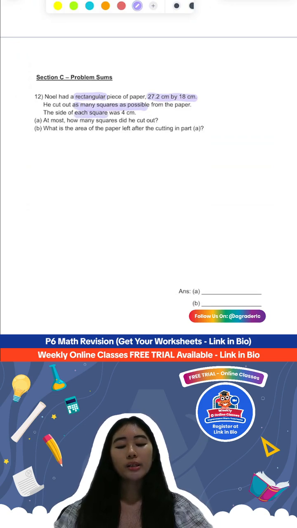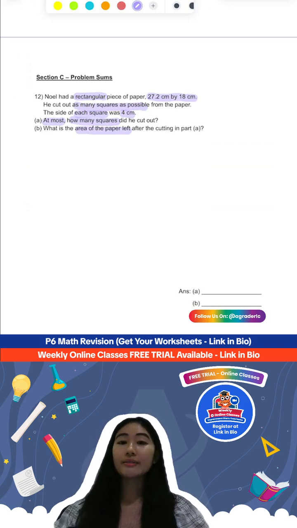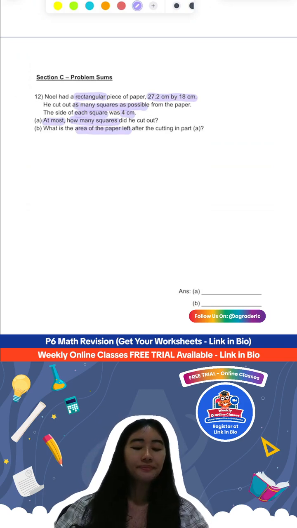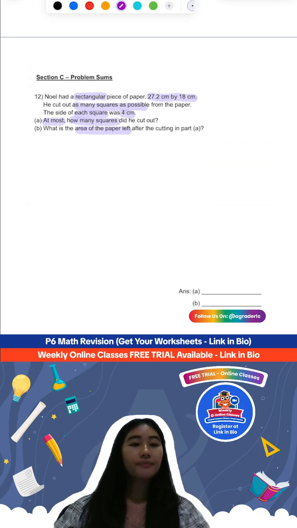Each square has a side of 4 cm. At most, that means maximum, how many squares can he cut out? And then part B, what is the area of the paper left after he cut it in part A? So let me know your answers in the chat.